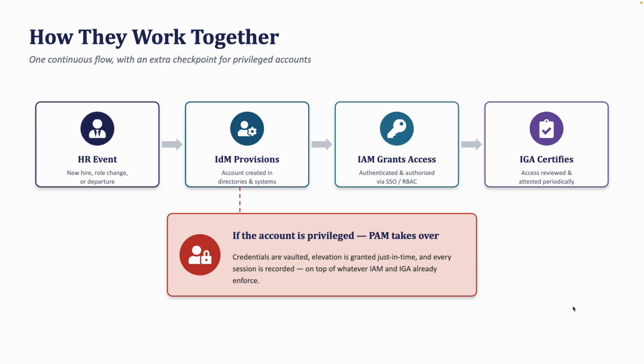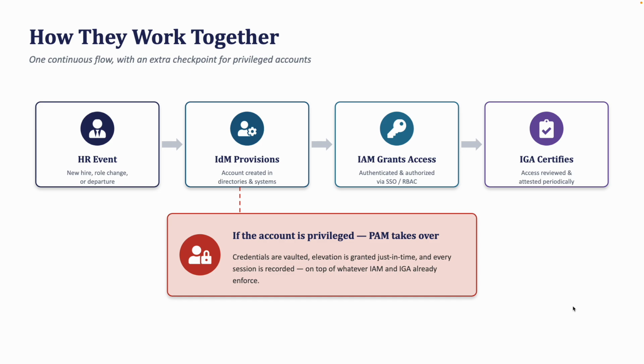And then IDM provisioning happens. Identity management provisioning happens, and the accounts get created in directories and systems and whatnot. And then comes the problem of IAM, whether that user can do certain operations, authentication and authorization, and then IGA verifies that, and access is always reviewed. So those are the steps.